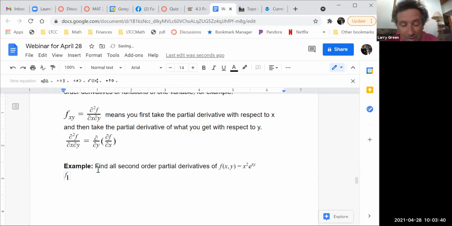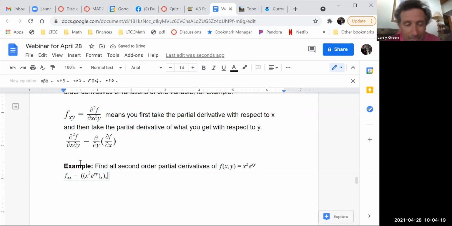So we're going to have f sub xx. That means we're going to take the derivative with respect to x and then the derivative with respect to x again. So that is equal to the partial of x squared e to the xy, sub x, sub x.